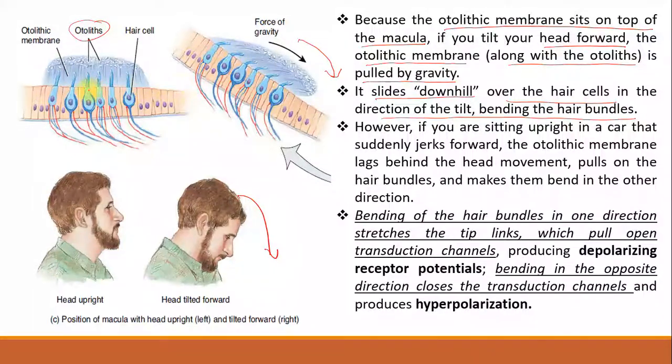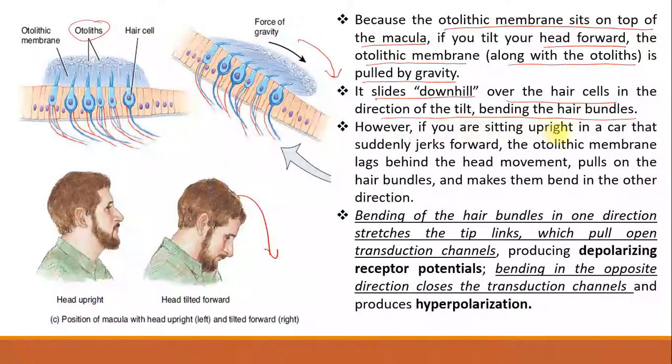As we have said, these hair bundles are what the otolithic membrane and the otoliths rest upon. So as the otolithic membrane and the otoliths move forward, it will also cause bending of the hair bundles.